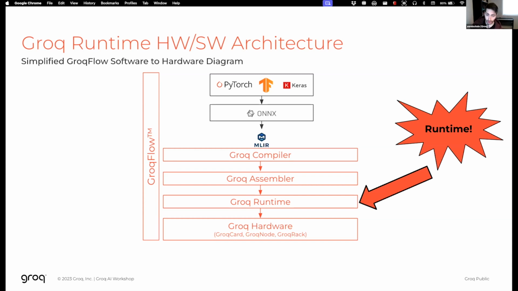So when you're using Groq Flow as a developer, you aren't directly using the runtime, but under the hood, Groq Flow is making calls to and from our runtime component. This diagram is a little misleading as it combines many different system components into the runtime block. So I'm going to peel the onion back, so to speak, a layer or two, and show you what that Groq runtime block is really made of.